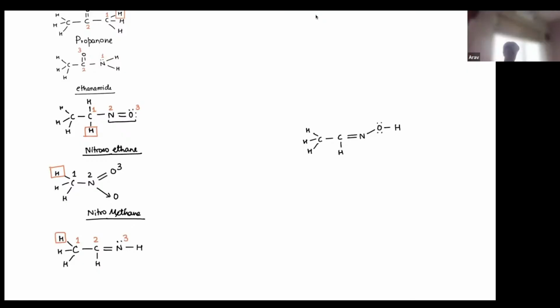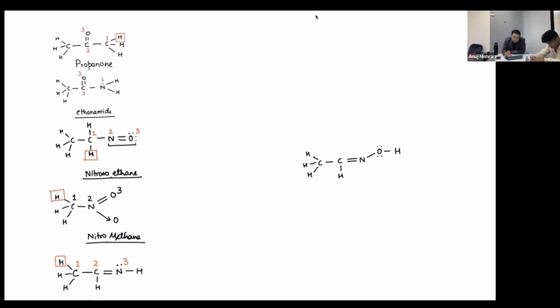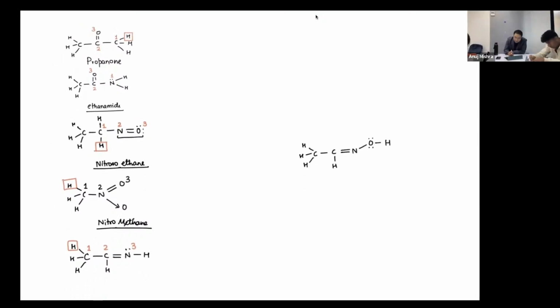Again, what I'm trying to give you as a pattern, please observe in all of them. Even in this structure, this is imine. Which imine is this? It is imine with 2 carbons, right? So you can say it is imine of ethane. So we can say ethanimine. Okay. Ethyl imine. It's an imine system.